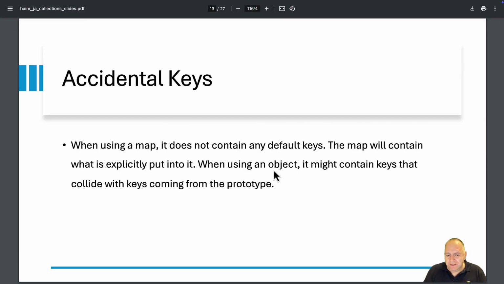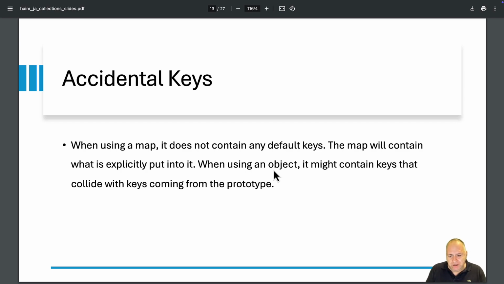Now, when using a map, unlike when using an object, we don't have default keys coming from the prototype. I mean, if you are using a map and you add a key value pair, there is no risk that for some reason you will find yourself specifying a key that actually already exists because it comes from the prototype.